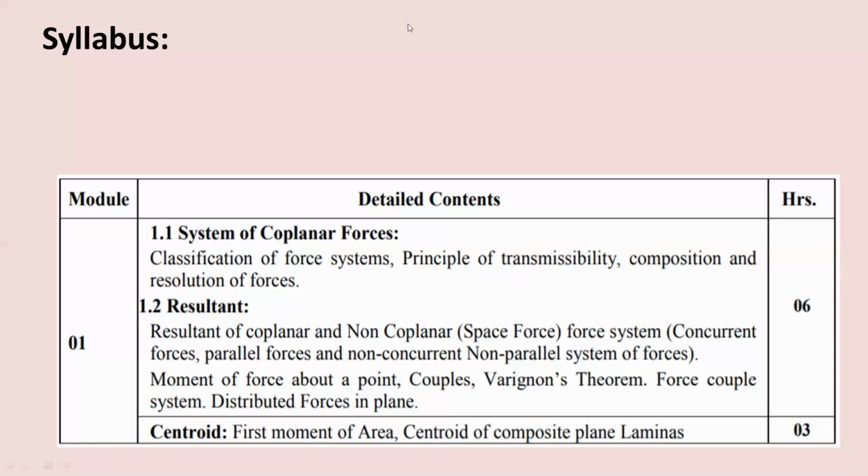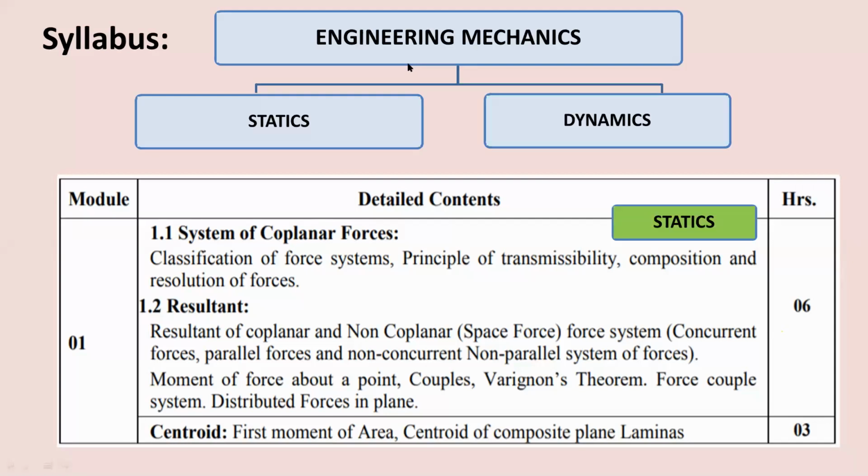So now we will see the syllabus for engineering mechanics. So for your syllabus, that is for the course, there are a total of 6 modules. So these modules are divided into a static part and a dynamic part. So 3 modules are from the static.